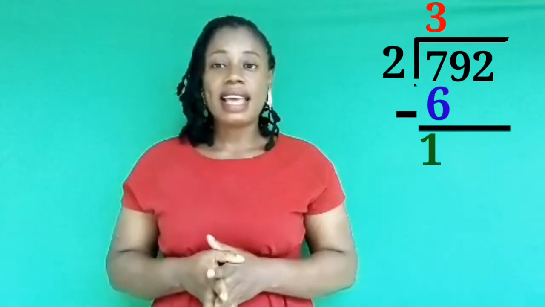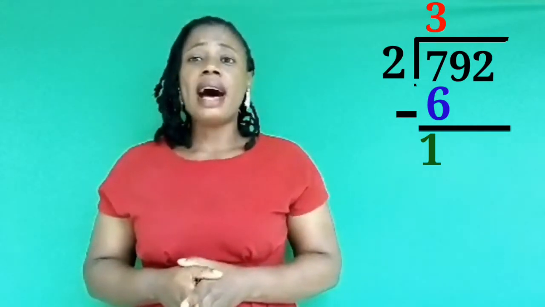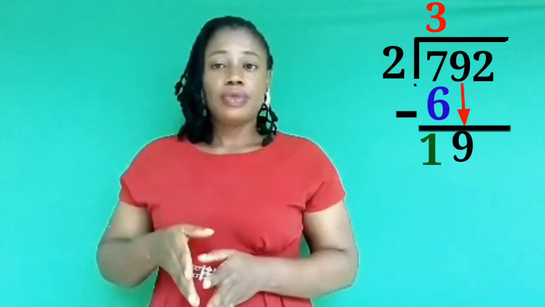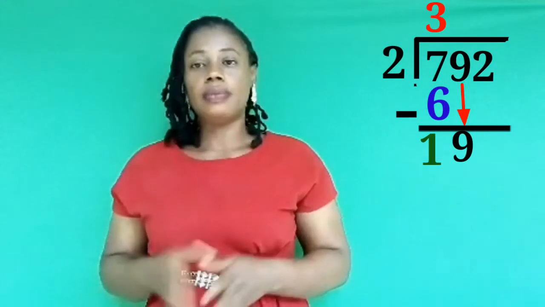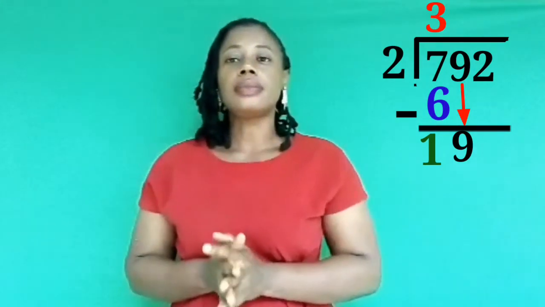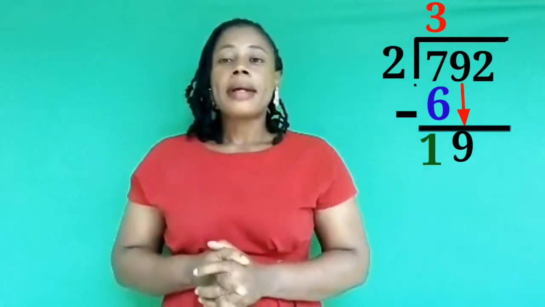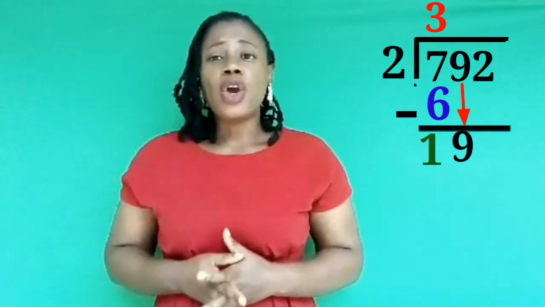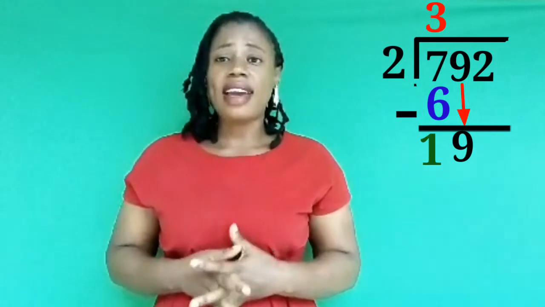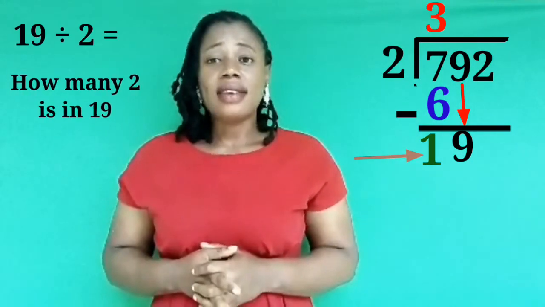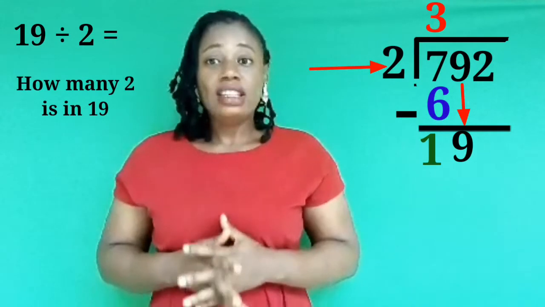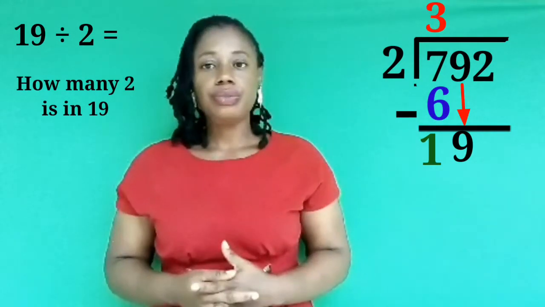Step 1 completed. Now you bring down 9 to where you have the 1. After bringing down 9, you repeat the step all over again. 19 divided by 2.